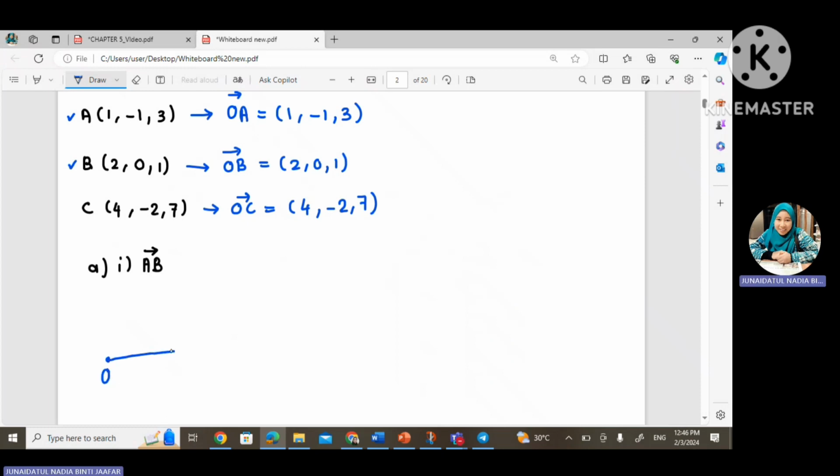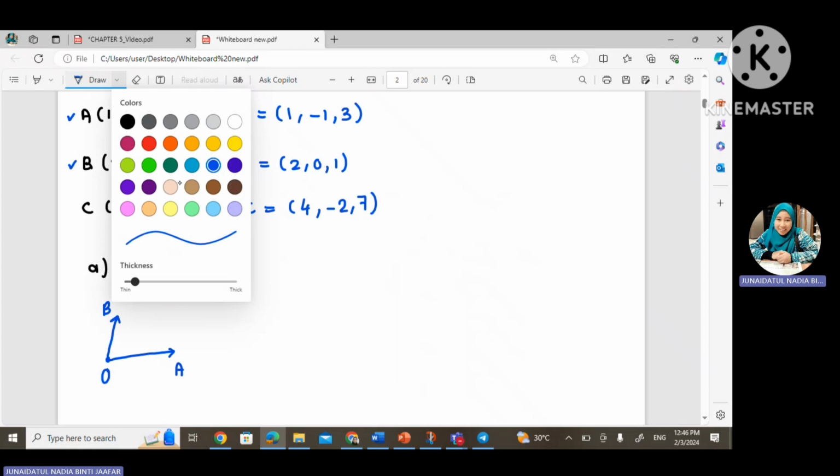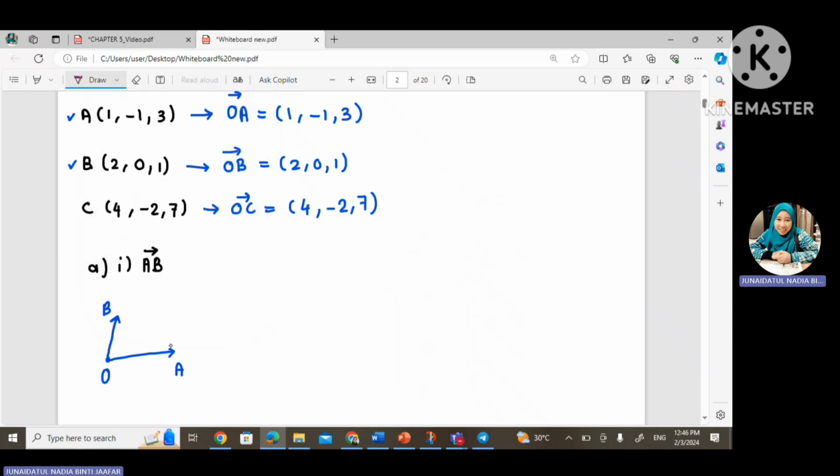So let's say this is vector A, and we have another vector from the origin, which is vector B. Okay, and then we want to find the resultant vector of AB.